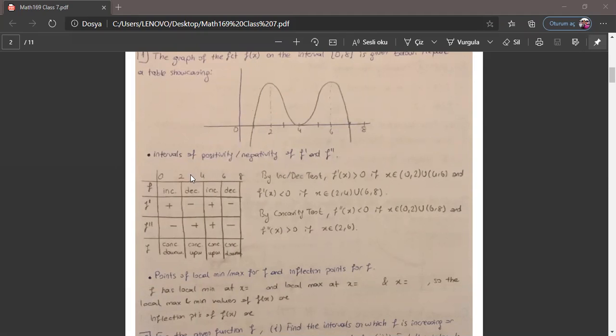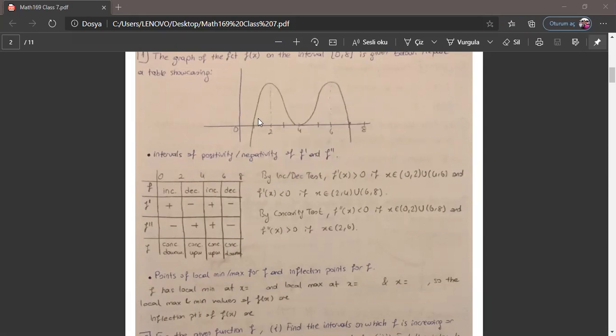And from 2 to 4, again it's positive here, right? On this interval, it's always positive, but we need to check if f is increasing or decreasing to determine the sign of f prime now.